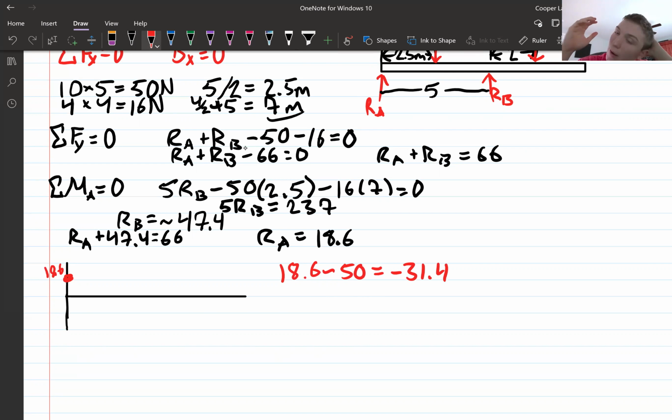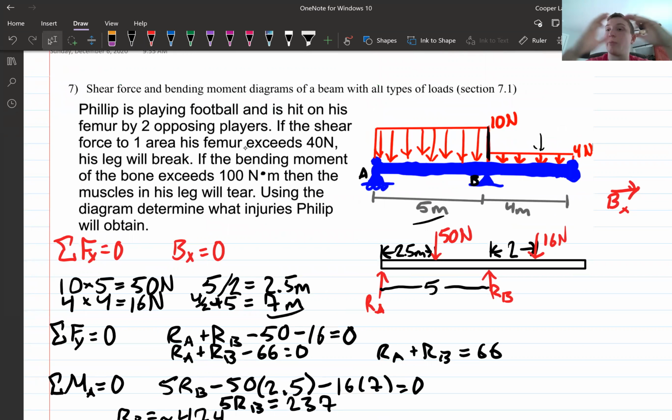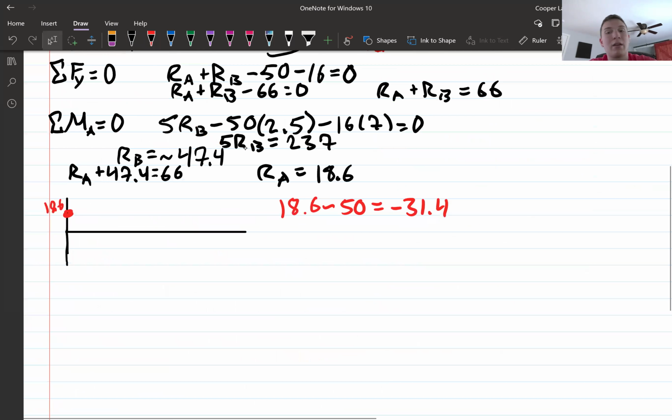However, if you remember, this here is not a singular point creating a force. It's actually a distributed load. So that tells me that it's not going to create that instantaneous jump to the next value. It's actually going to create a slope that leads there. So it's going to ultimately go down to negative 31.4, but that's going to occur at about 5. So we're going to put 5 right there on the graph.